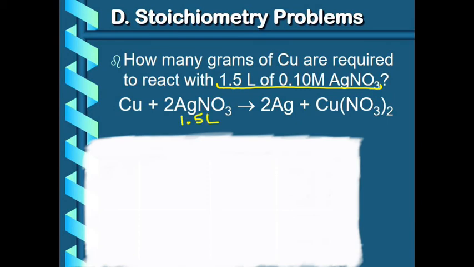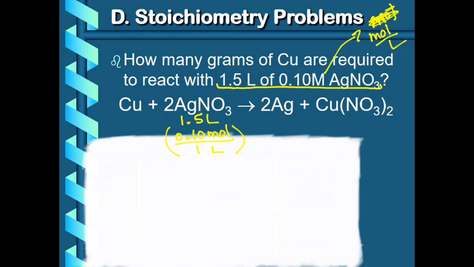And then the 0.1 molar, remember I told you that molarity is really moles per liter. I'm going to go ahead and write that as 0.1 moles per 1 liter, because that is how it should be written. So 0.1 moles per liter.